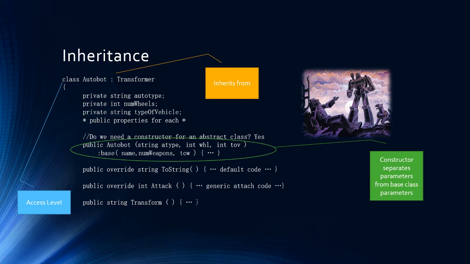But then in our constructor, we would also refer to the base class and list each of its parameters. So if I call this Autobot constructor to create a new instance of an Autobot, I'm going to need to pass all of these parameters in, the base class parameters and the derived class parameters.